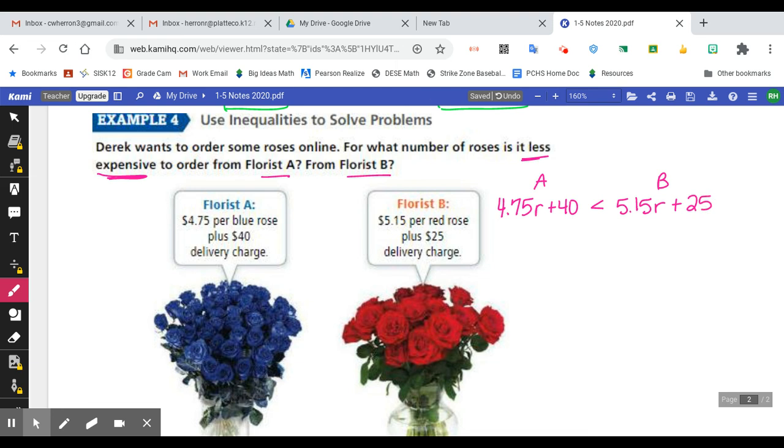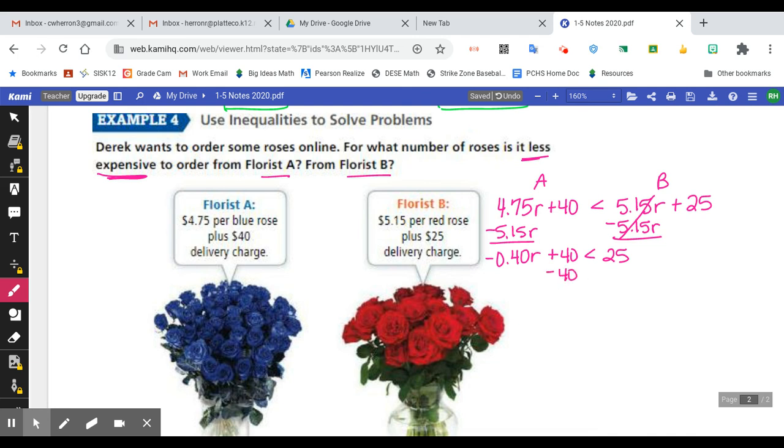Okay, so if you have the movement like we talked, this is going to be subtracting $5.15 from both sides. Okay, that gives you negative 0.40R plus 40 is less than 25.